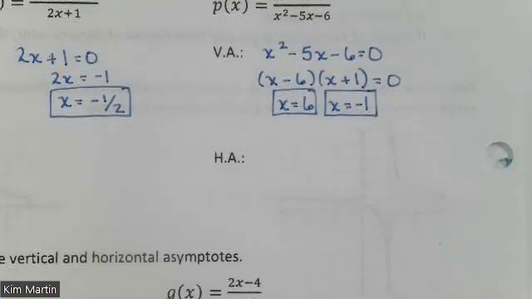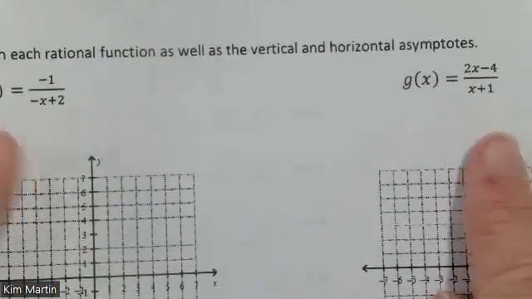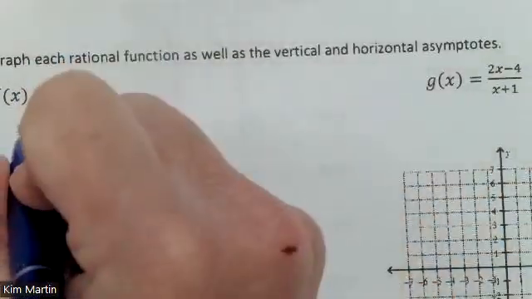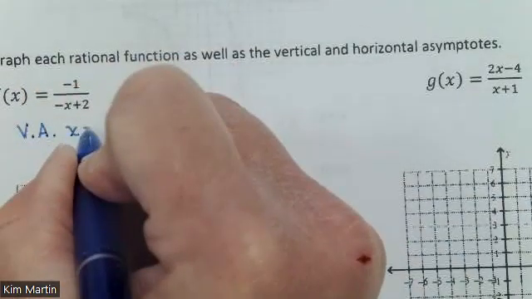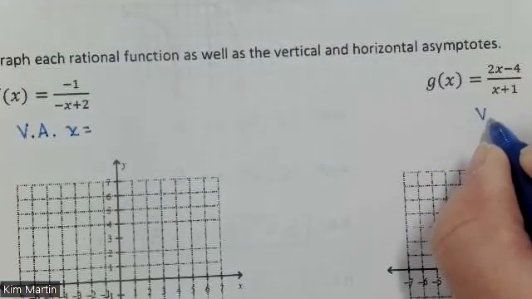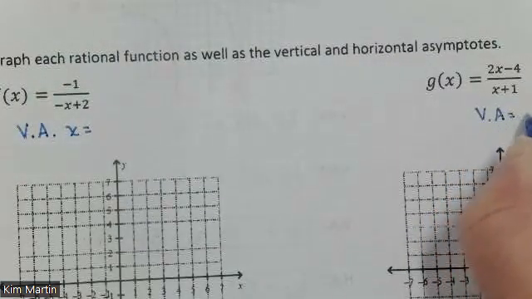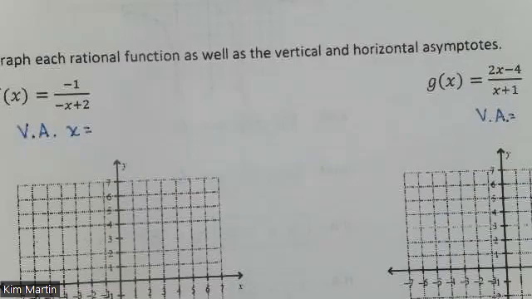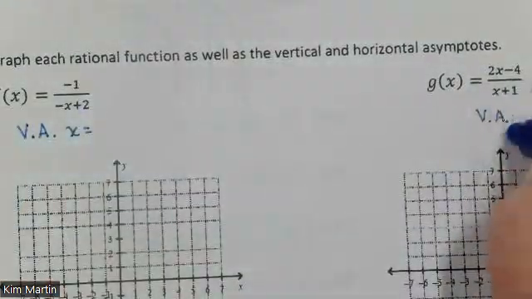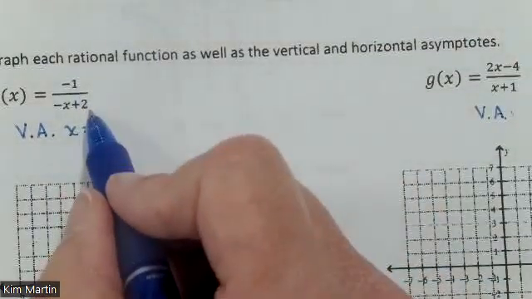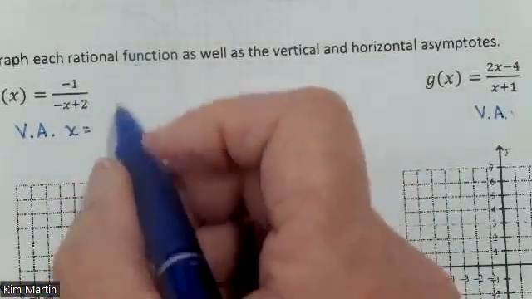Okay. All right. These two, I want you to find your vertical asymptotes. What is it going to be here? 2, good.